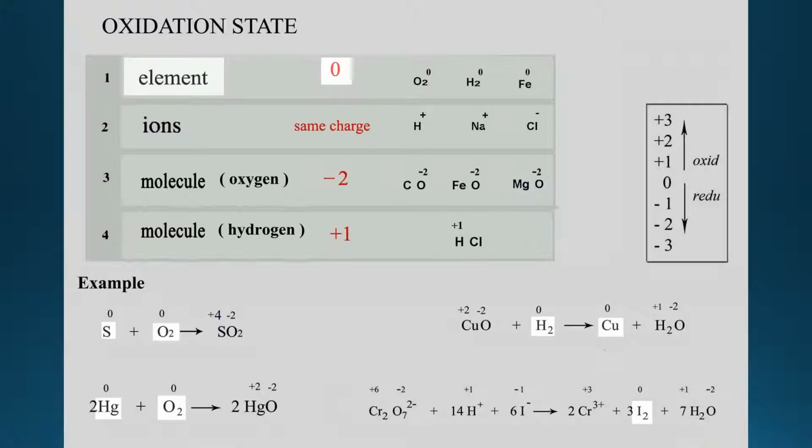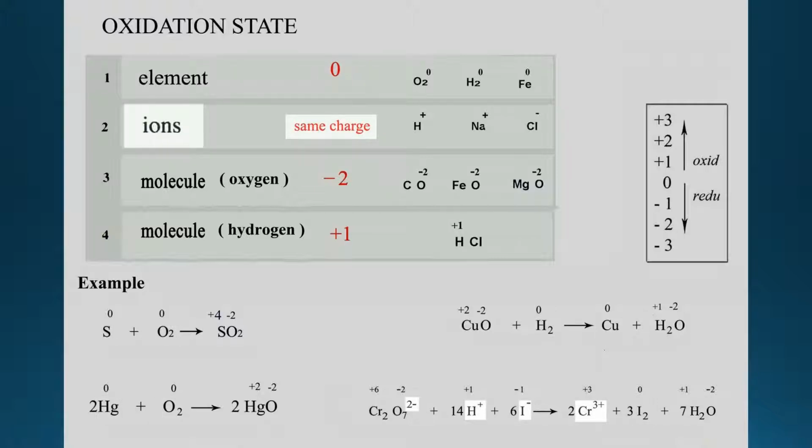Element: when you allocate the charge, an element is always 0, as sulfur is 0, oxygen 0, hydrogen 0, copper 0, and so on.